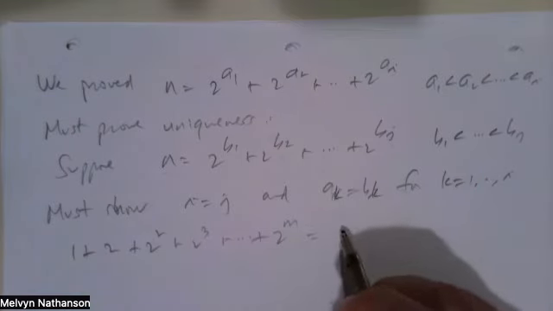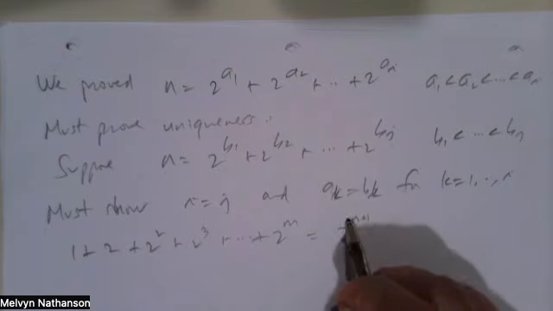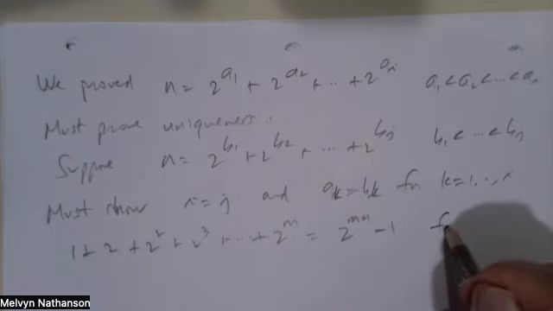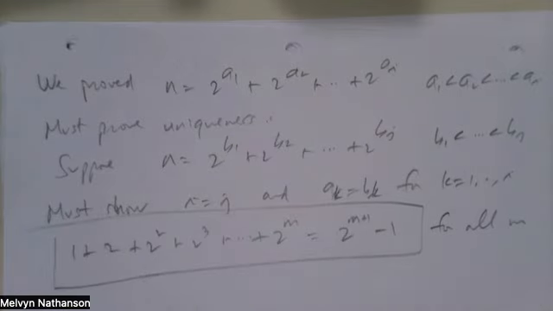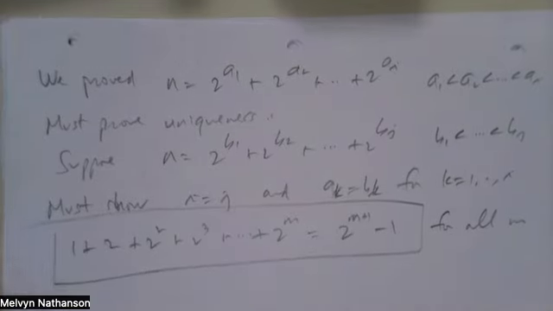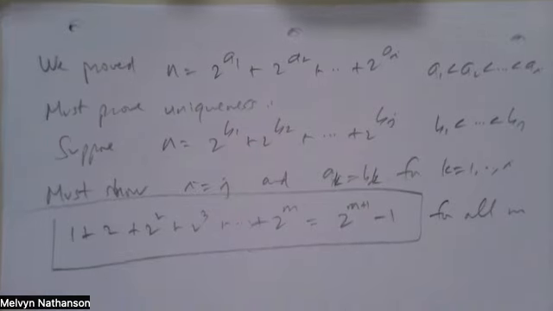This is equal to 2 to the m plus 1 minus 1. That's a geometric series. You use this in calculus when you're doing integration. Sum of the first m powers of 2 is 2 to the m plus 1 minus 1.